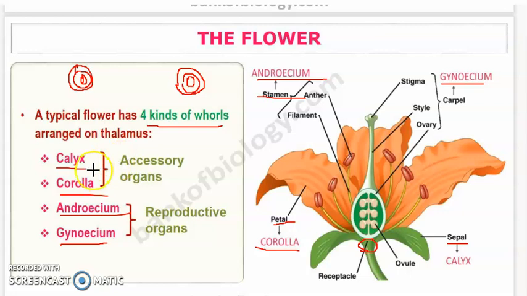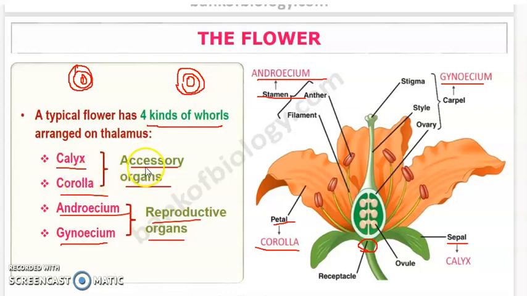Now, the calyx and the corolla are the accessory organs, and the main organs for sexual reproduction are the androecium and gynoecium. So they are the reproductive organs, while the calyx and corolla are the accessory organs. Why is the term accessory organs given to the calyx and corolla?